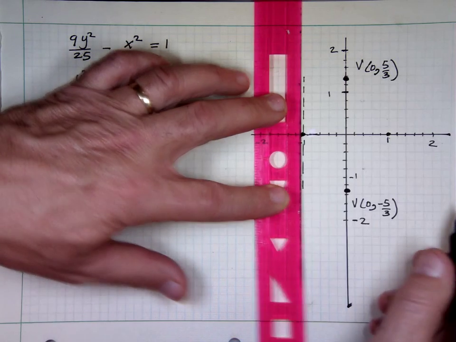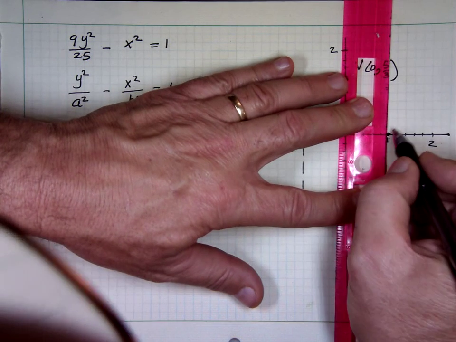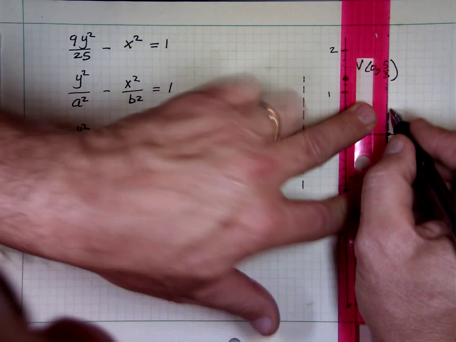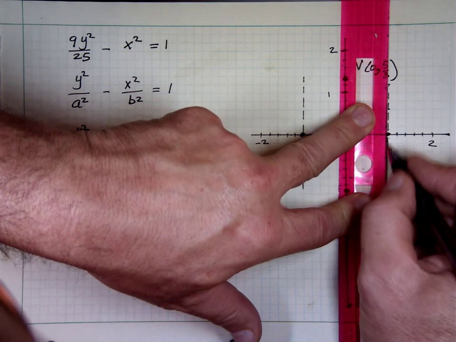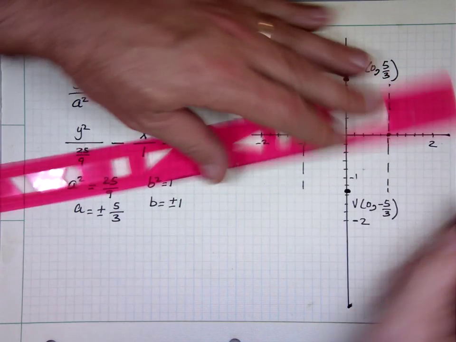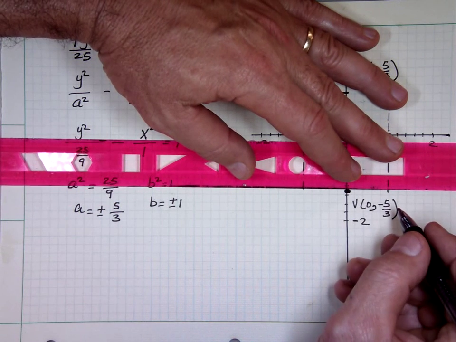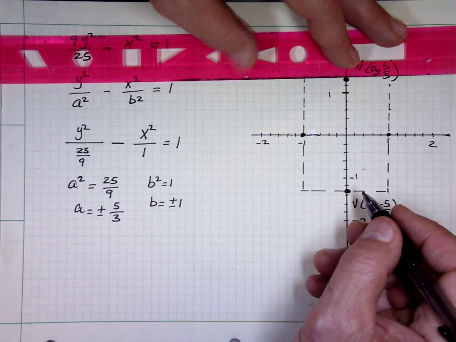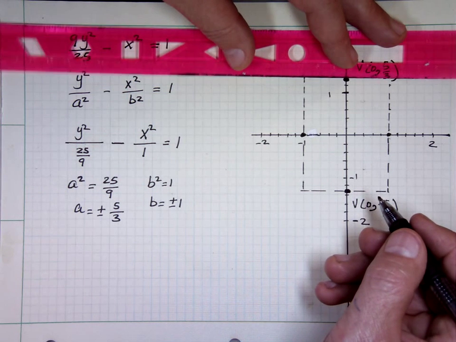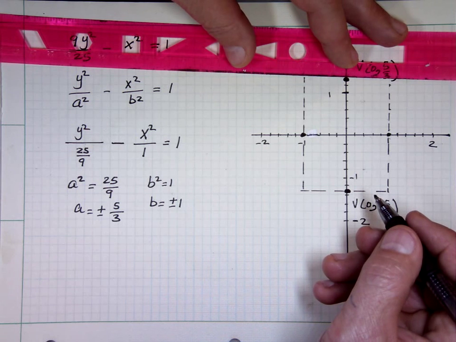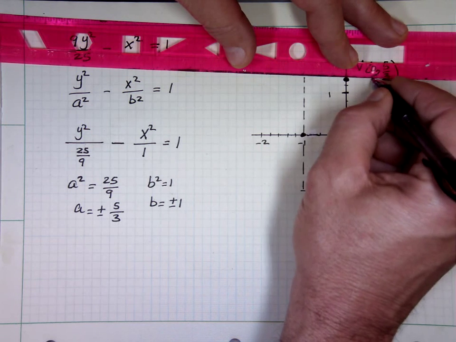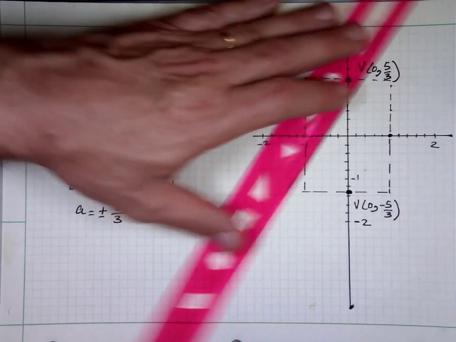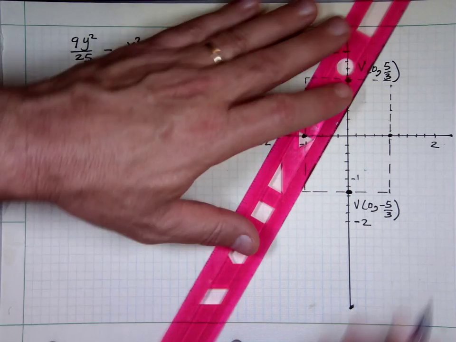I've got to make this one. Sounds like gotta make the donuts. Here we go. And now run my asymptotes here.